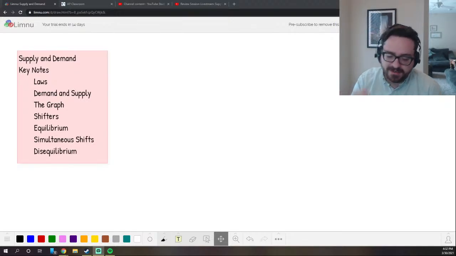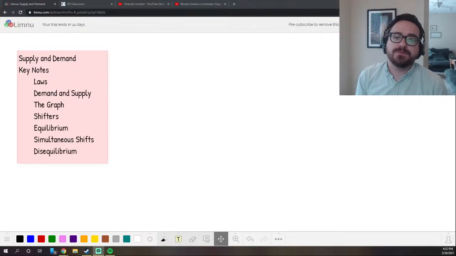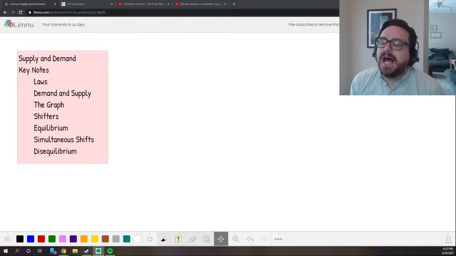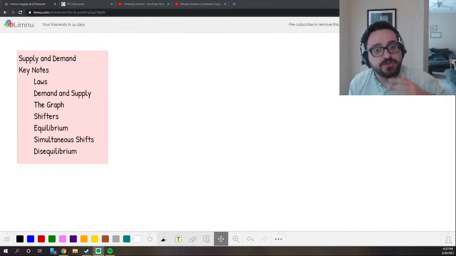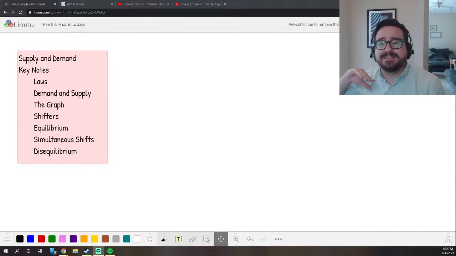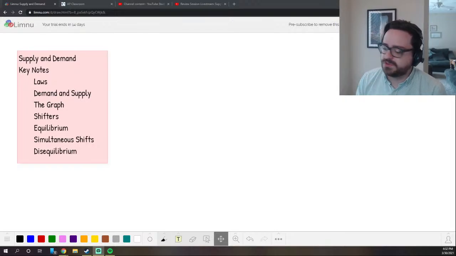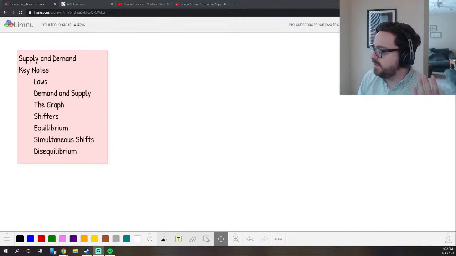What we're talking about is a market. We're talking about how we determine how much of a good gets sold and at what price it gets sold. Like, you walk to the store and you know ramen's cheap. How does that happen? Is it just because it's made out of cheap stuff? Because it's fairly cheap for a lot of companies to make things. That doesn't mean the price correlates with that.